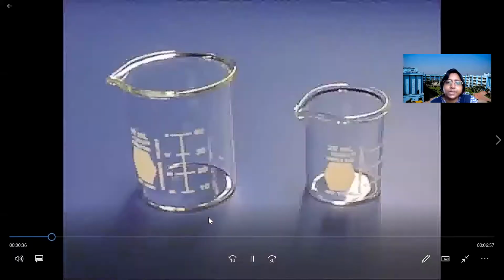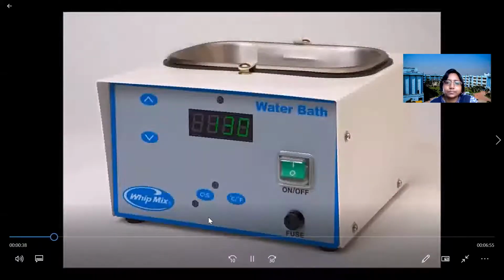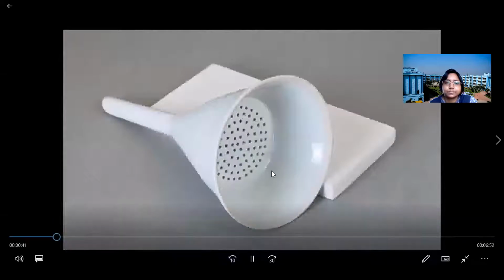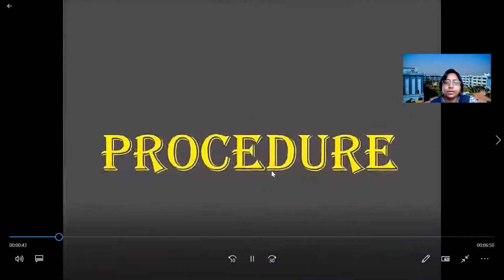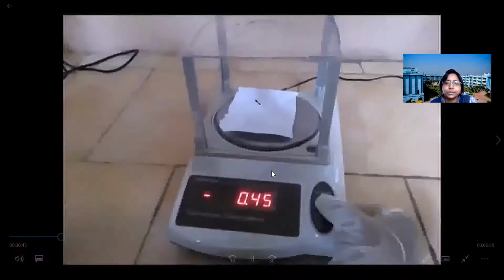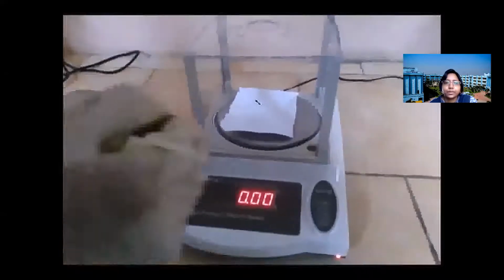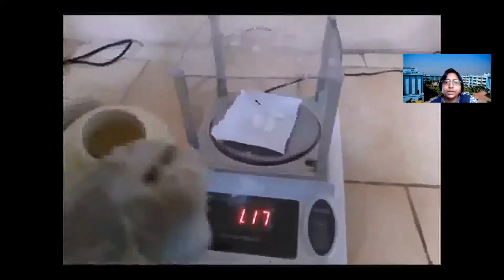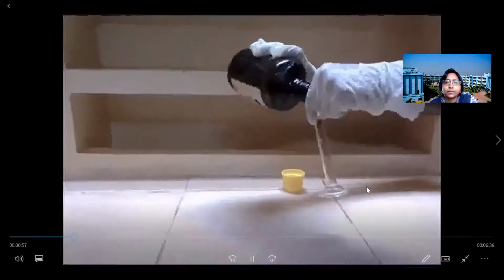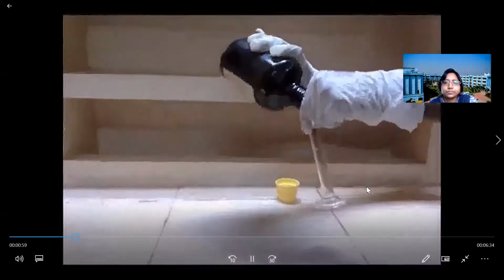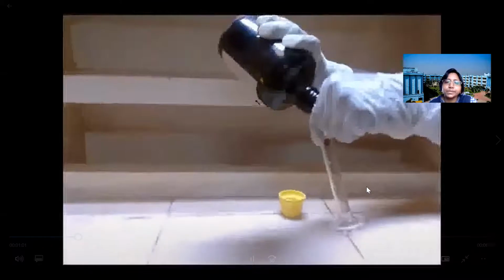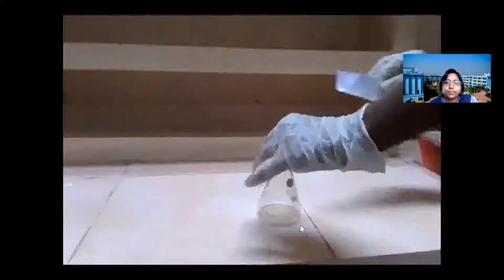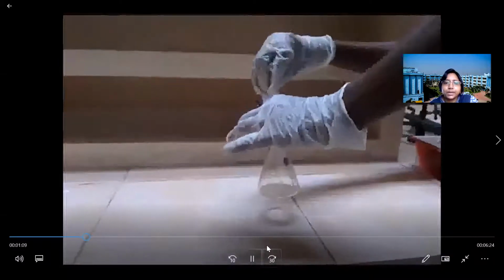Now the apparatus required. Experimental procedure. First we have to take the weight of salicylic acid, and then we measure by measuring cylinder.